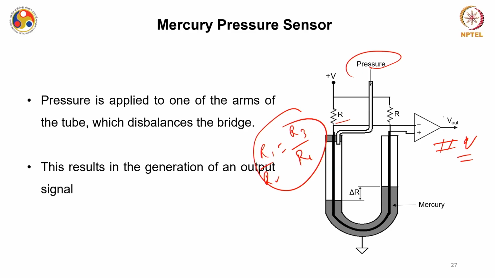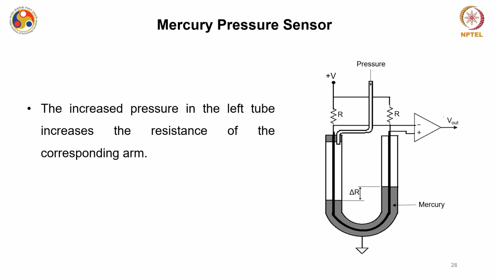It will read a certain value. So the increased pressure in the left tube, I am talking about this side 1. When you have increased the pressure, the mercury level will go down here and rise on this side. So that's how it is happening here.